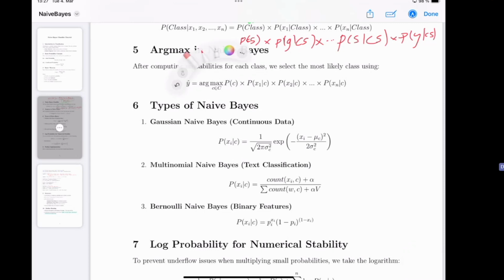We are looking for the class which makes this multiplication maximum, and that is the class of our object. It is very important.